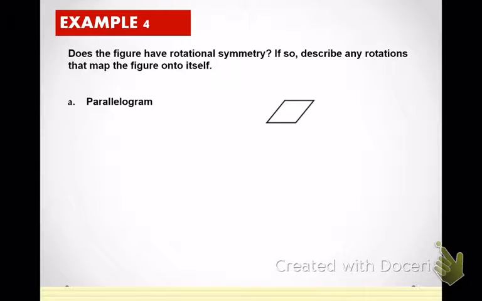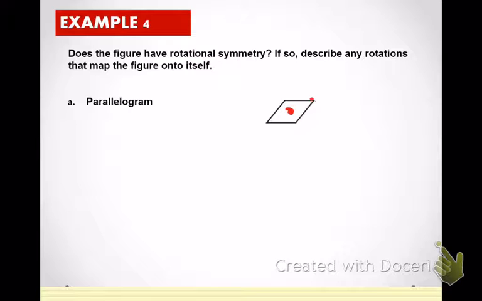Does the figure have rotational symmetry? If so, decide how many, if any, rotations map the figure onto itself. We have this parallelogram. If we put a point in the center of the parallelogram, can I rotate it? We're just going to assume we rotate counterclockwise, so it's a positive rotation.